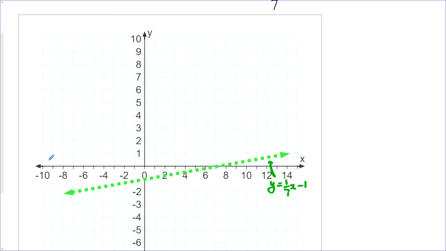The invariant points happen when y equals 1, so I just follow it along, and it equals 1 right there, so that's going to be a point on our reciprocal graph. And when y equals negative 1, that will be a point there on our reciprocal graph. Next we look for our x-intercept.